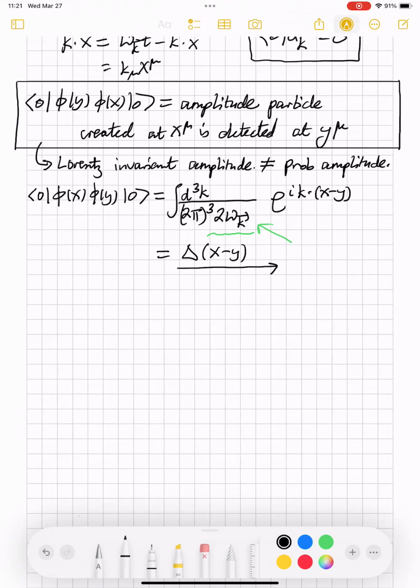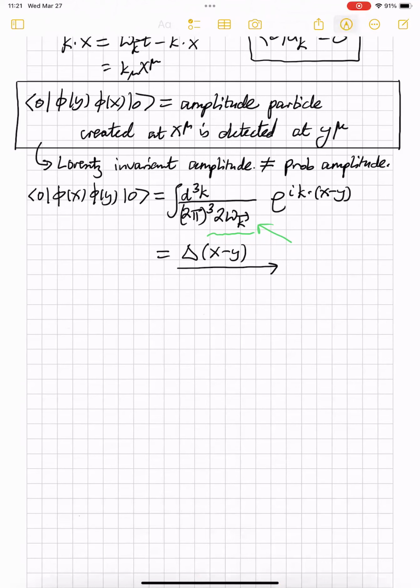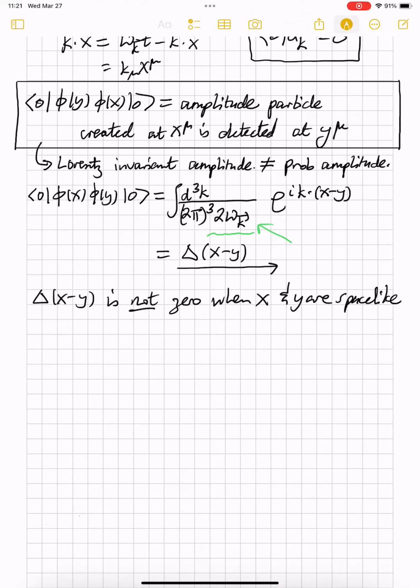You will learn that delta of x minus y is not 0 when x and y are space-like separated.